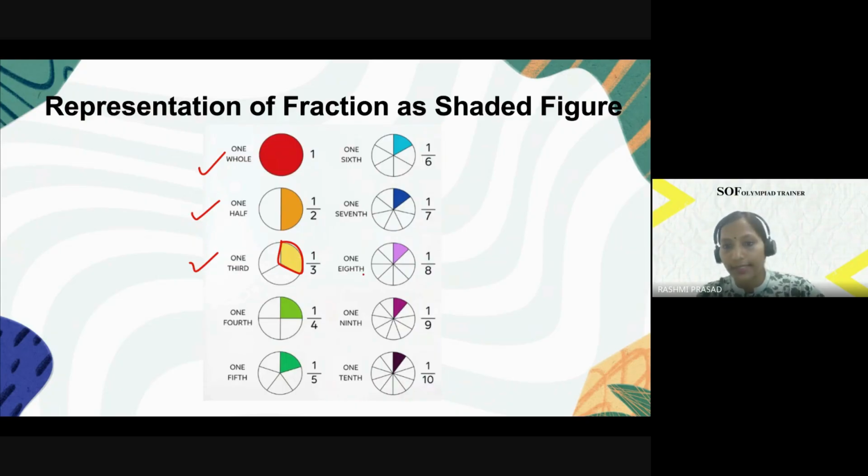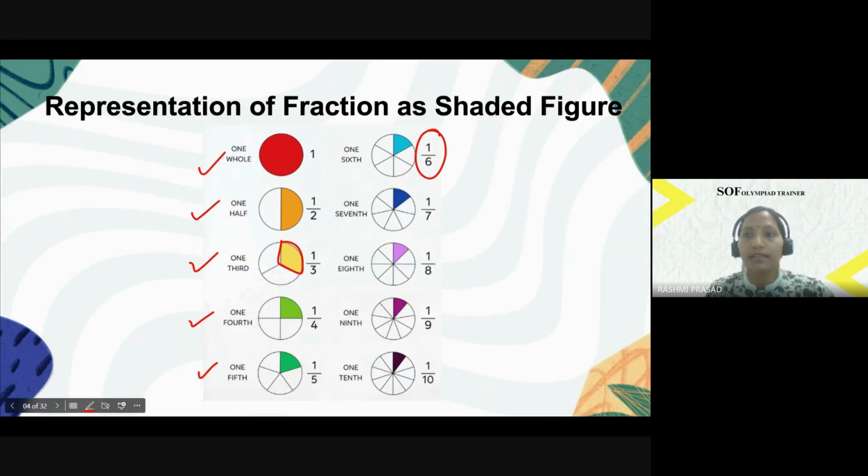In the fourth one, 1/4 is shaded, right? In the bottom fifth one, it's 1/5, so we call it 1 upon 5. If we divide the whole shape into 6 equal parts, and out of 6, 1 is shaded, then the fraction will be 1 over 6.